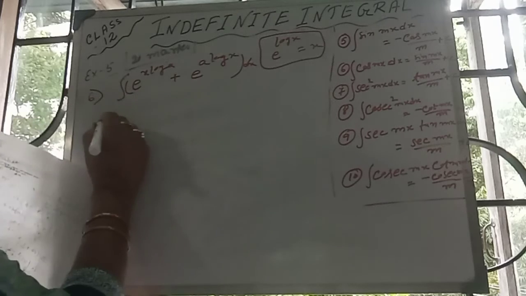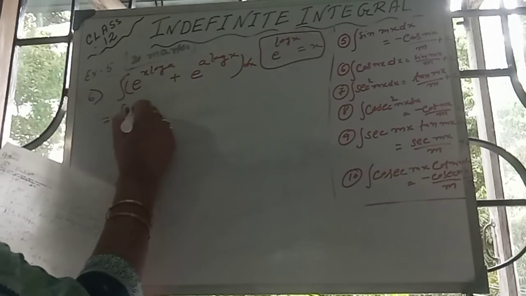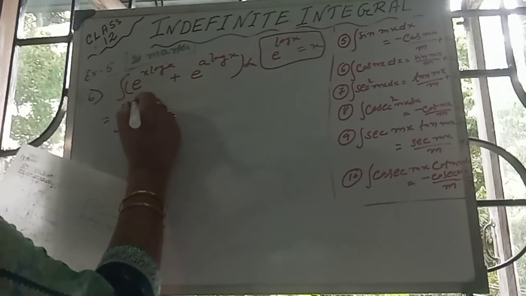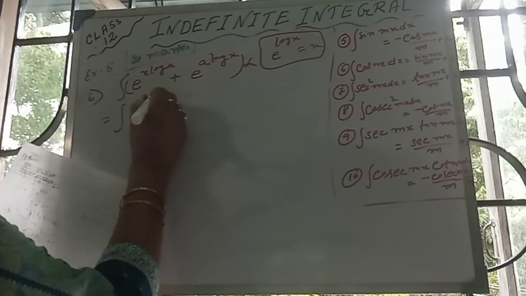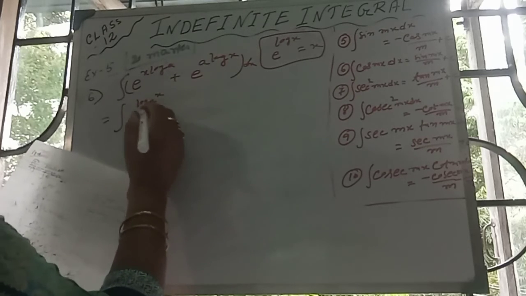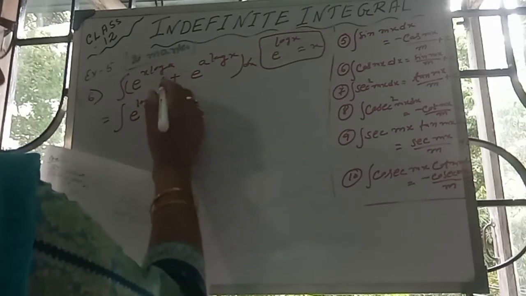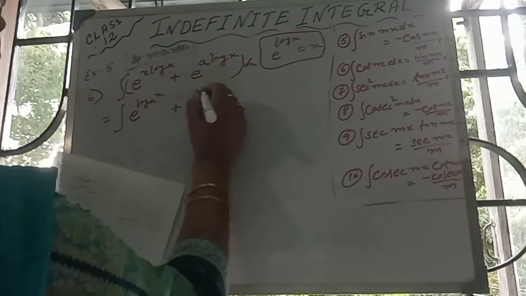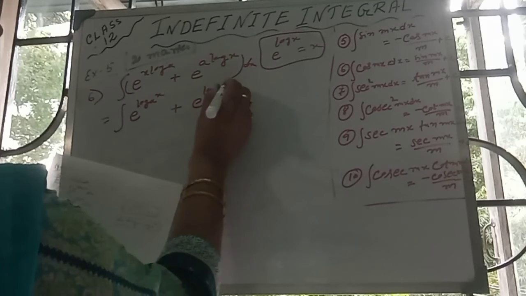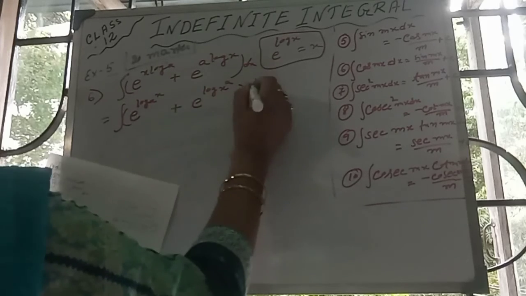So integral e to the power x log a means e to the power log a to the power x. According to the rule, m log x equals log x to the power m, same thing, plus e to the power log x to the power a dx.